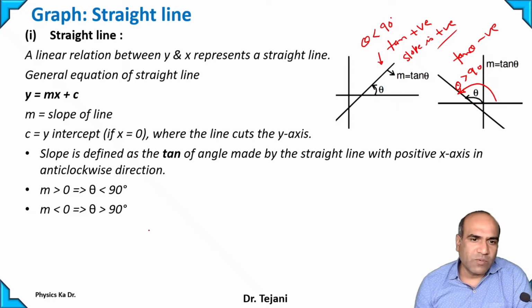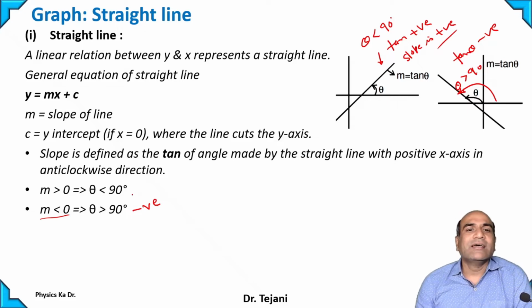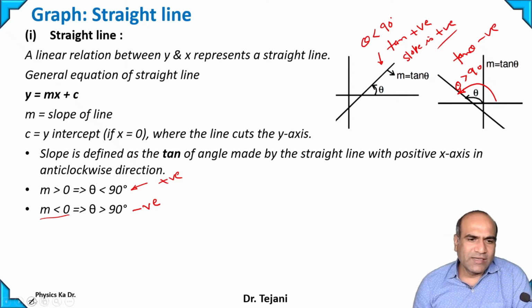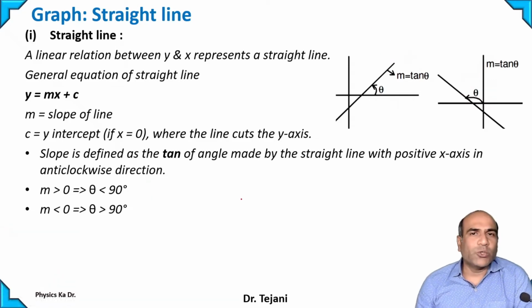Therefore, this slope is less than 0, and that becomes negative. So when the angle is less than 90 degrees, slope becomes positive, and when the angle is greater than 90 degrees, slope becomes negative. It is a simple conclusion that we have to know very well.